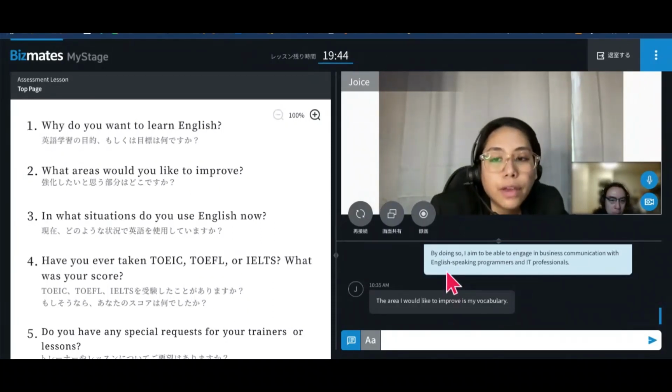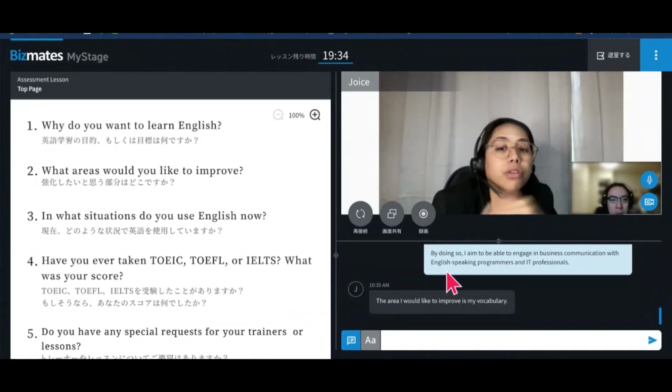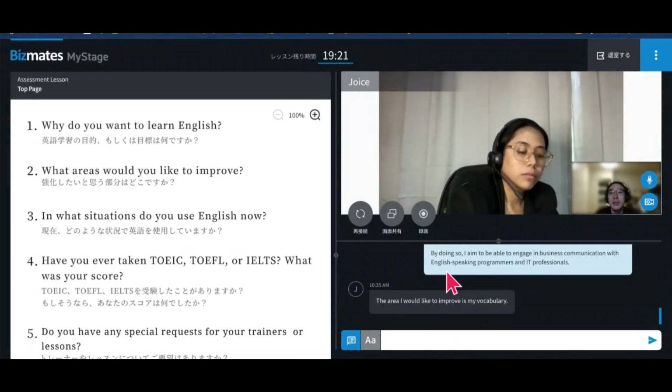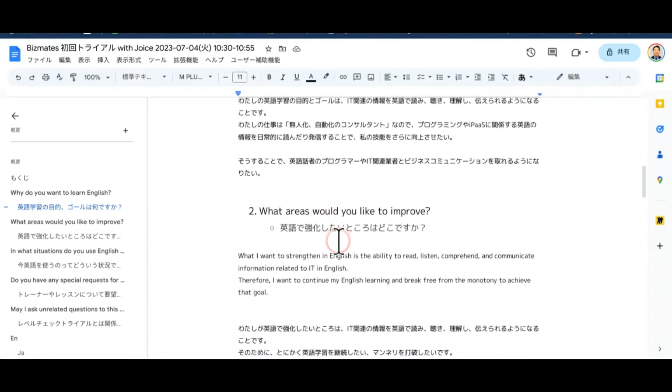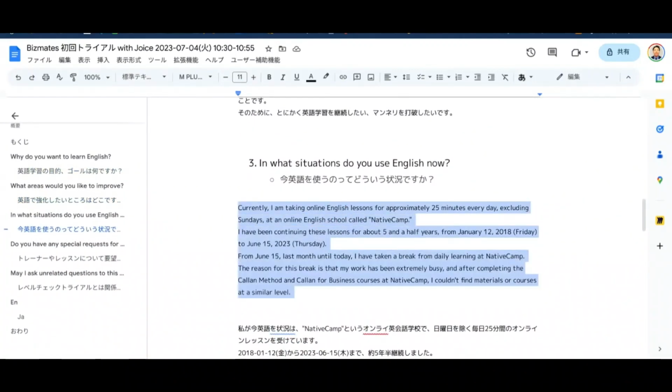Have you ever taken TOEIC, TOEFL, or IELTS before? Will you repeat one more time? Sorry. Before that, do you use English in any situations currently? Currently, as with the third question's answer.